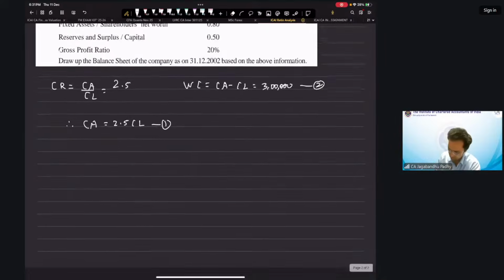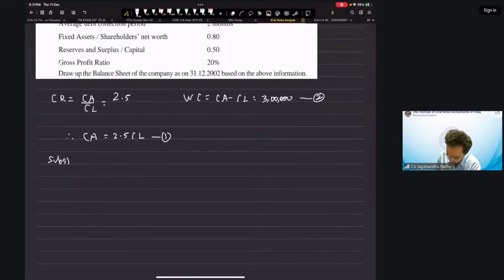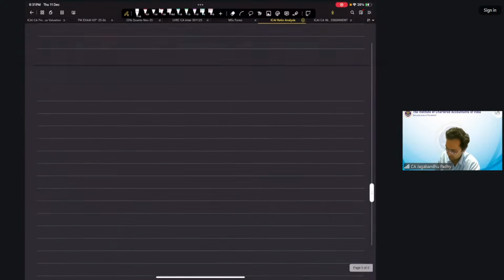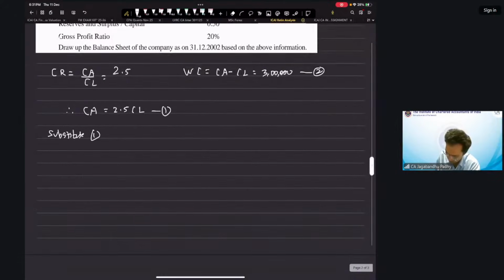This is equation number 2. So we'll just substitute 1 in 2. Therefore, current asset minus current liability is 3 lakh.